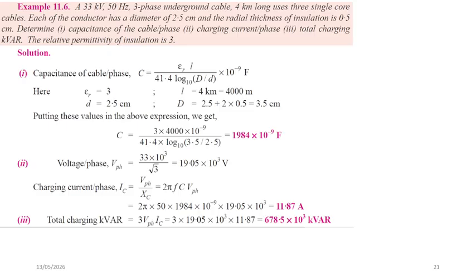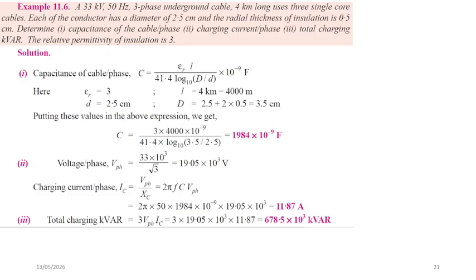So this slide also demonstrates the calculation of capacitance, charging current, and total charging reactive power for a 33 kilovolt three-phase underground cable system. The system uses three single-core cables, each having a conductor diameter of 2.5 centimeter and insulation thickness of 0.5 centimeter, over a cable length of 4 kilometer.